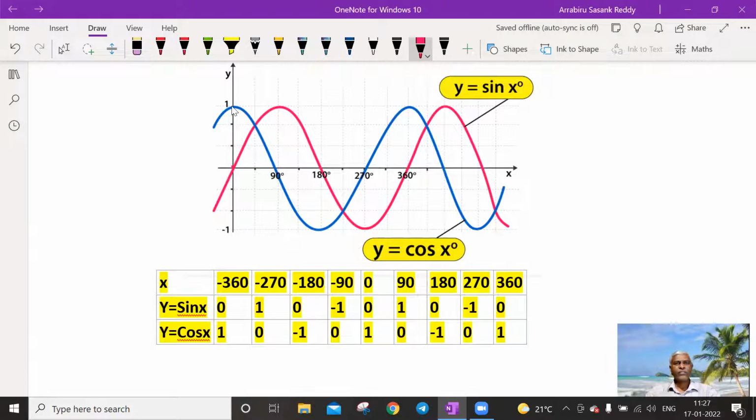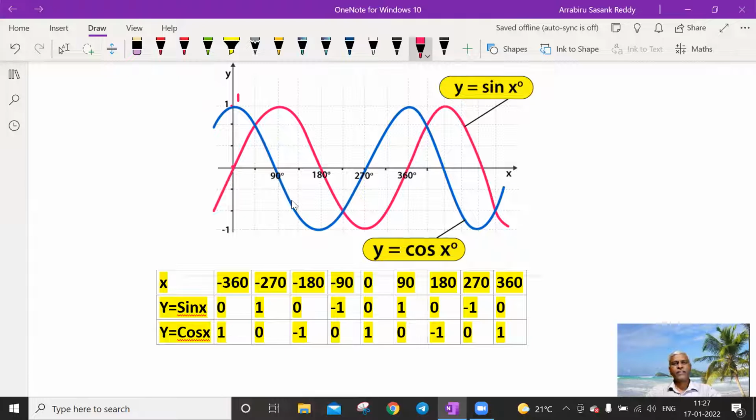Cos, blue, is touching 1. So cos graph for 0 starts from 1. Cos 0 is 1 and sine 0 is 0. So at the 0 point, sine value is 0 and cos value is 1.